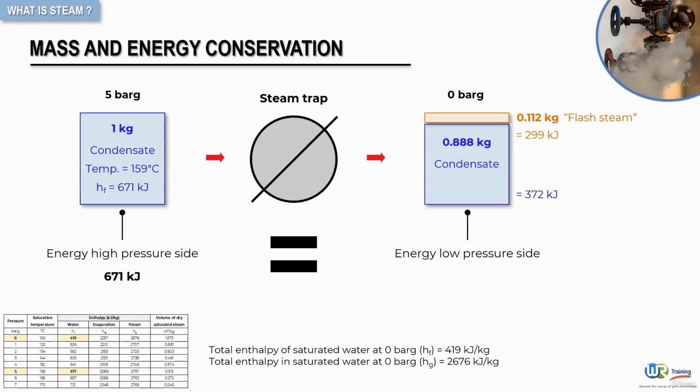The total enthalpy in condensate and flash steam at the lower pressure of 0 bar gauge is therefore the sum of the two enthalpies, so 372 plus 299, that is 671 kJ.